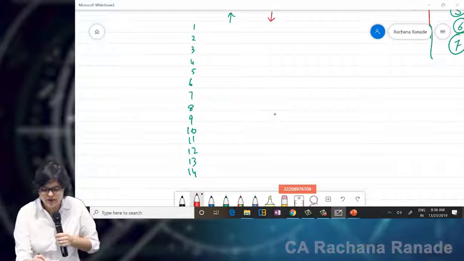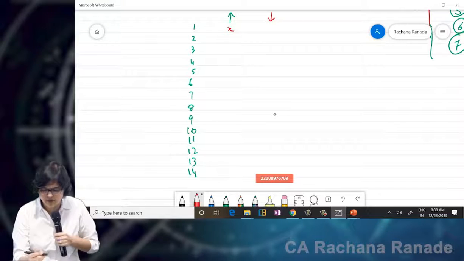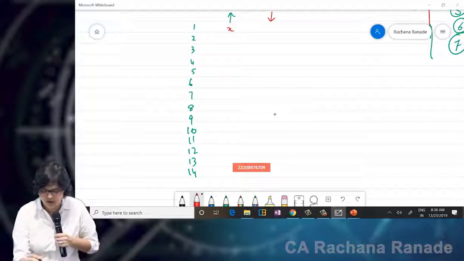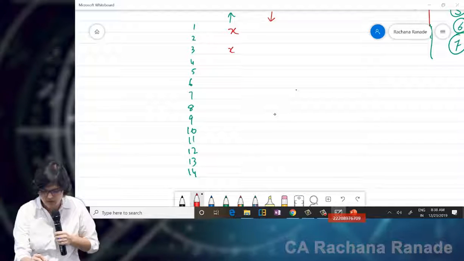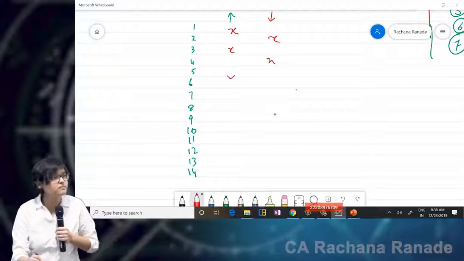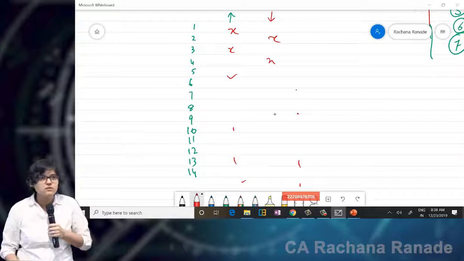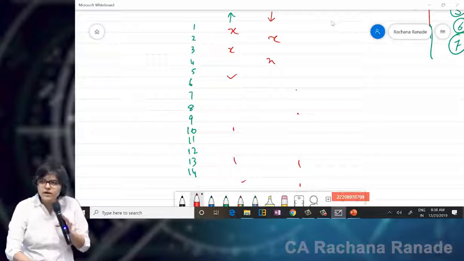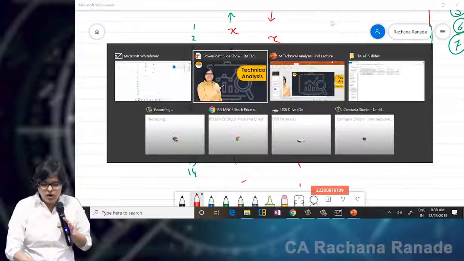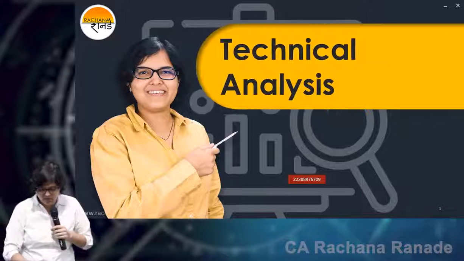So someday an observation will come here, someday it will come here. Excuse me for the colors right now. Something like this. So you get 14 observations? Okay till here? And now, how do we calculate the relative strength is a question.